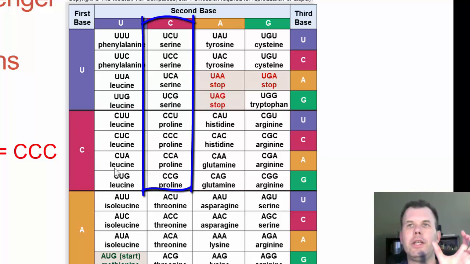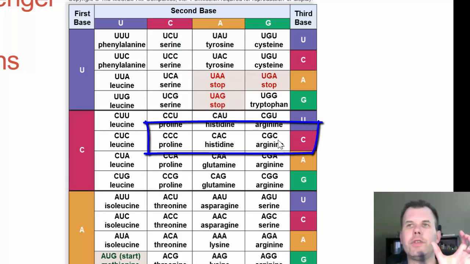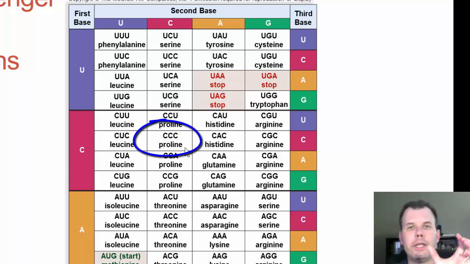So I start here and go here. And then I look for the last C, which is here. And so I look for my word CCC, and I see, CCC means proline. And so my codon, that word CCC, means proline. And I can do this for all 64 words. I can come up with a different amino acid for each one of these words.